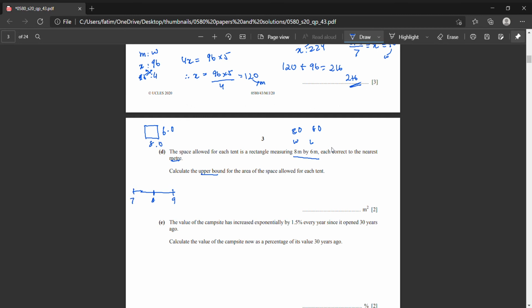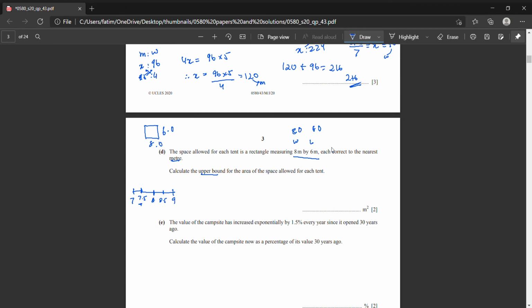So in between we'd have 7.5, and in between 8 and 9 we'd have 8.5. Now for 8, the lower bound will be the least value to which you can round to give 8, and that over here will be 7.5. And similarly, the maximum value you can round would be anything below 8.5 to give you the value 8.